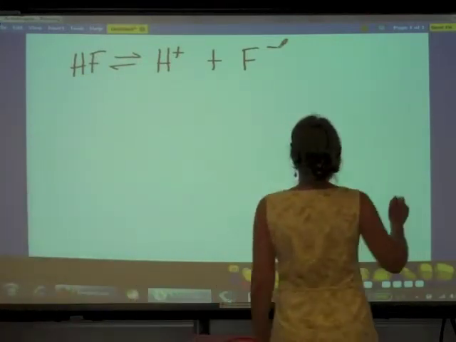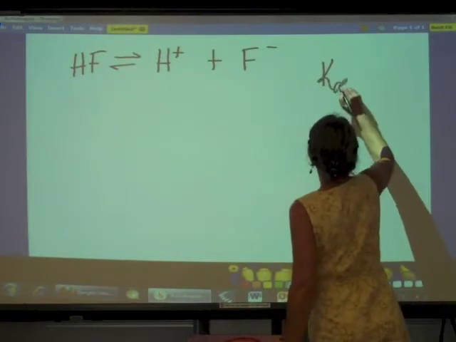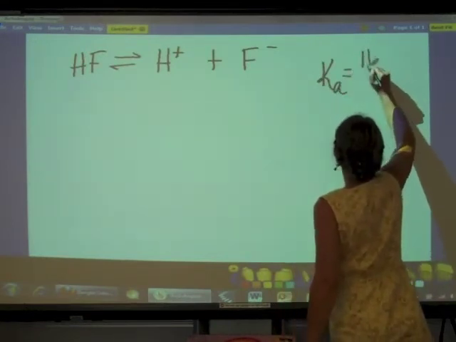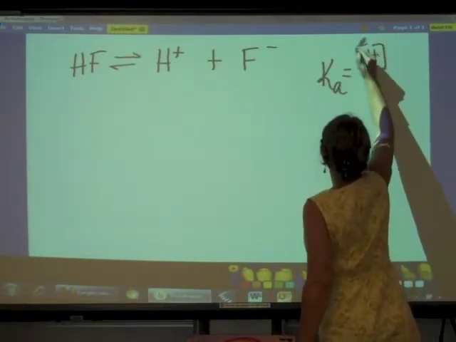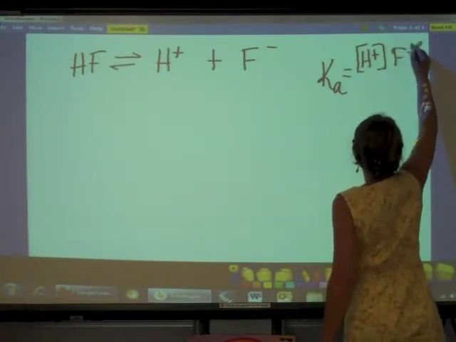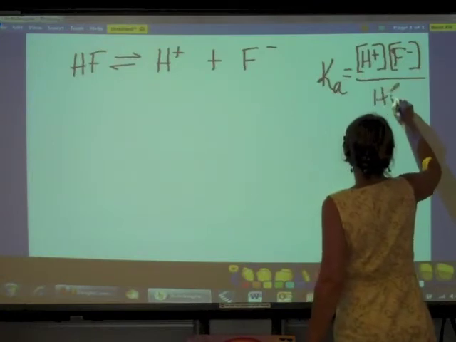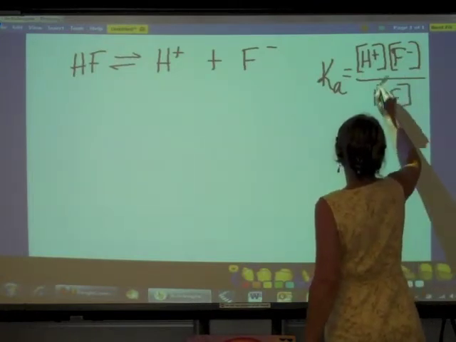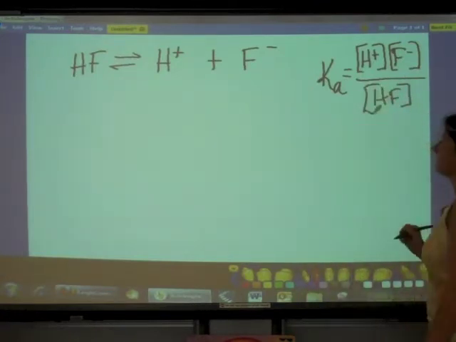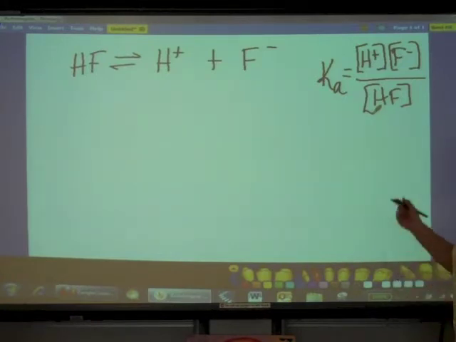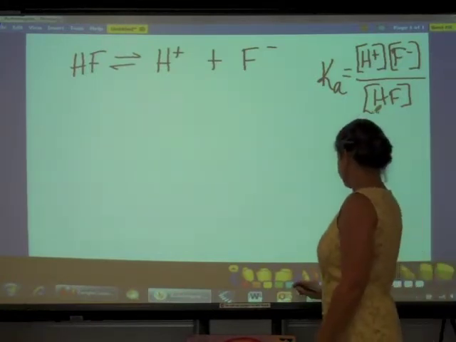It's a Ka. Hydrogen ion times fluoride over HF. Okay, there's my expression. So let's do a nice diagram.